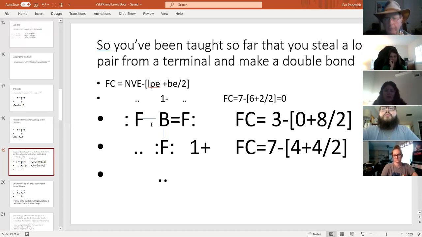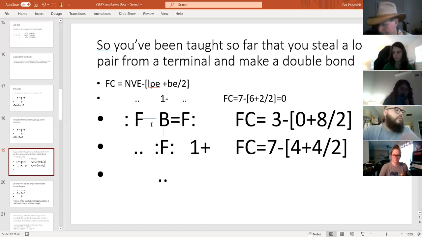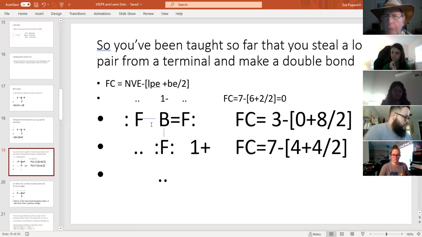Is there a list of elements that violate the octet rule, or do you just kind of have to try it and just fail? Well, let me put it to you this way. What's the next element down from boron? Aluminum? Okay, is aluminum ever going to be involved in covalent bonding?